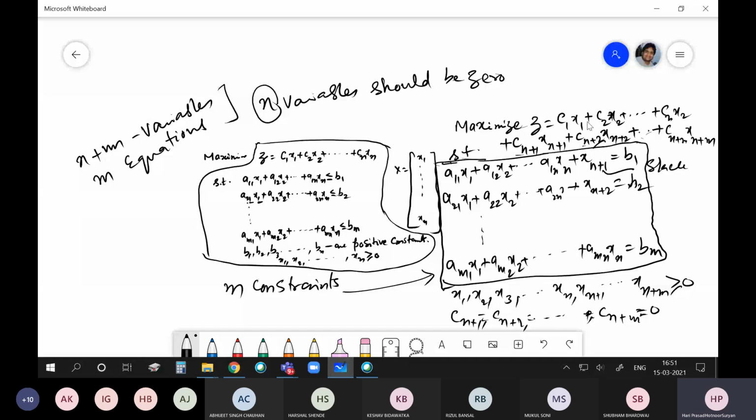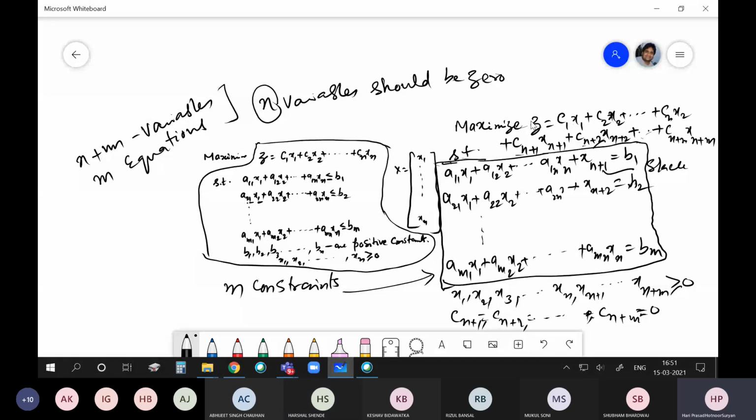You have made x1, x2, xn 0, so this becomes 0, and the slack variables have values b1, b2, bm, but what is cn plus 1? That is 0. So the objective function will be 0.